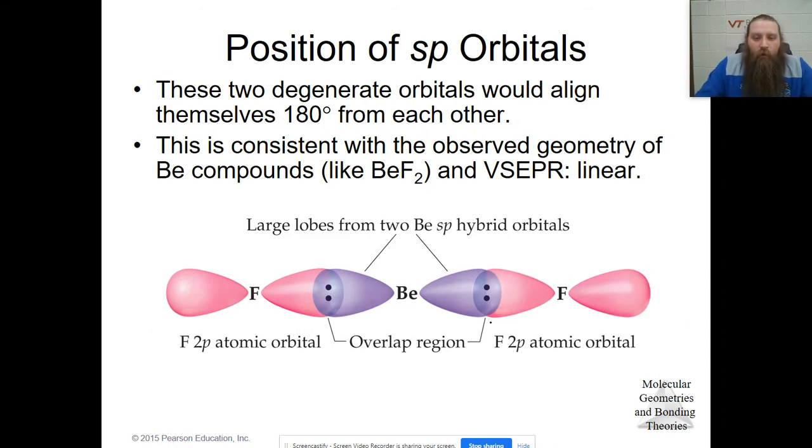So where do they appear, right? What happens? Well, if you have beryllium and say fluorine, all right, then those s and p orbitals are going to be 180 degrees aligned away from each other. That's because you go back to the electron domains. We only have two here, so it has to be linear.